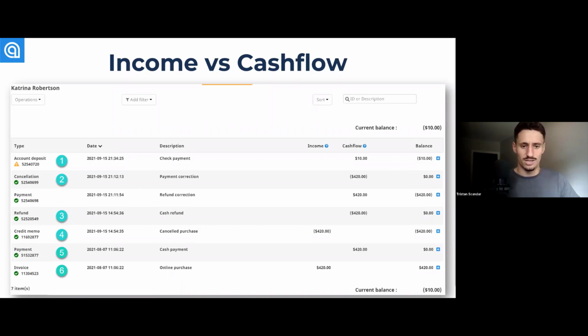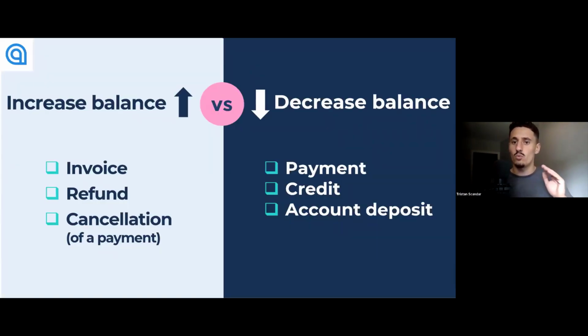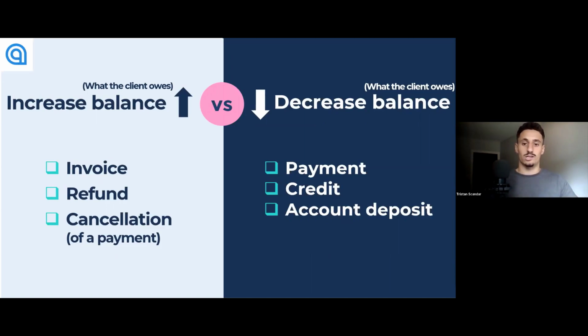So let's be attentive here and let's review what makes a balance increase or decrease. And let's think about it logically. I like to think of the word balance as what the client owes. So let's start with what increases a balance. An invoice. When an invoice is created, it increases what the client owes. So the client owes more money, he owes the amount of the invoice.